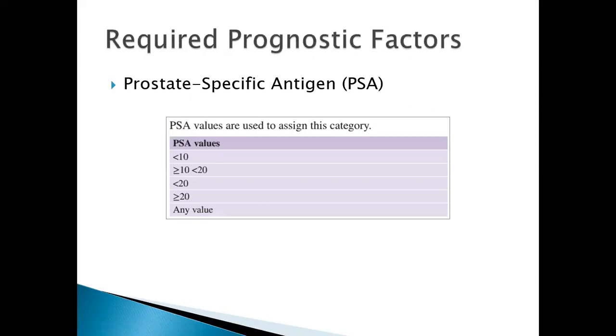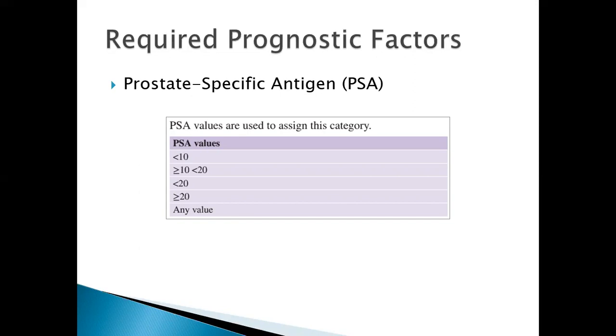All right, there is other information that we are required to use to assign prostate stage. There are two prognostic factors required to assign the prognostic stage group for prostate cancer. And remember that in the United States, we have to use and assign the prognostic stage group, not the anatomic stage group.